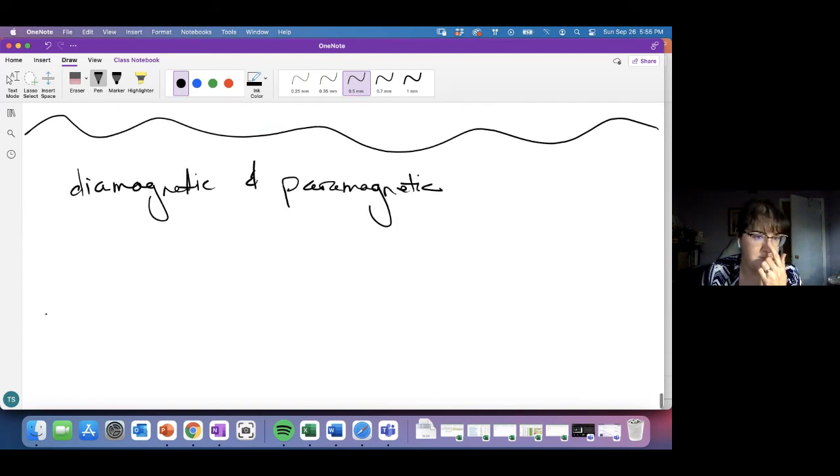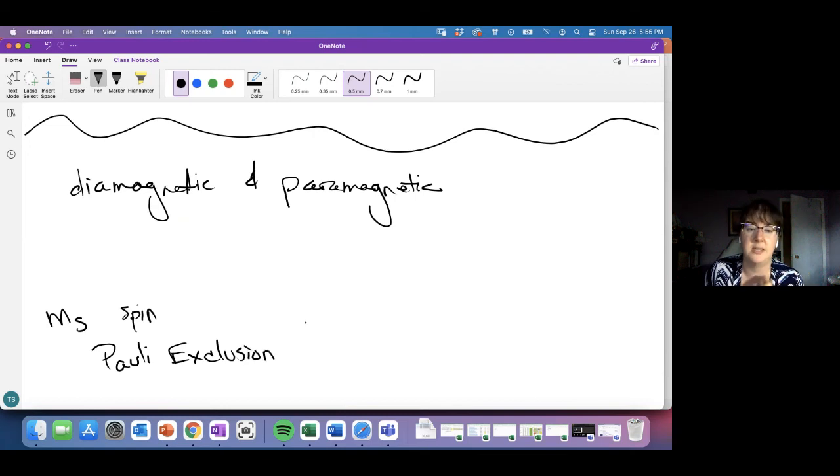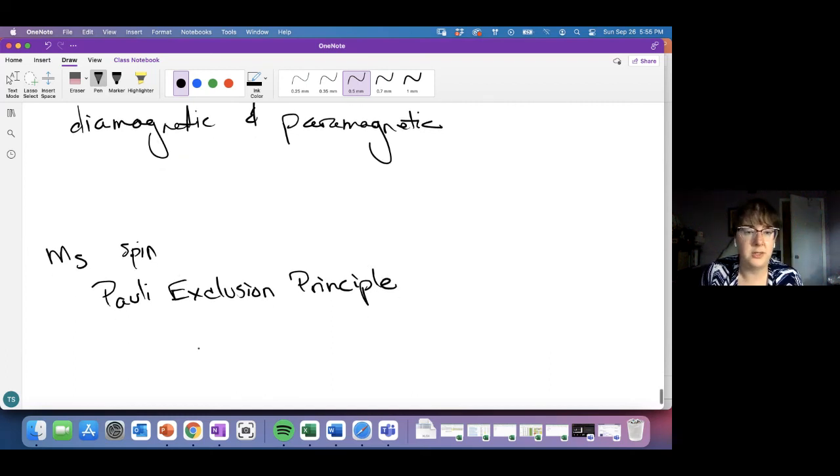So m sub s is usually what we refer to as spin. M sub s is a quantum number. Now, on this exam, you guys do have to remember the Pauli exclusion principle. I understand that Pauli exclusion was a thing that was in chapter 3, but for us, the Pauli exclusion principle is part of what's been in all of our orbital notations when we've been doing this one up and one down.